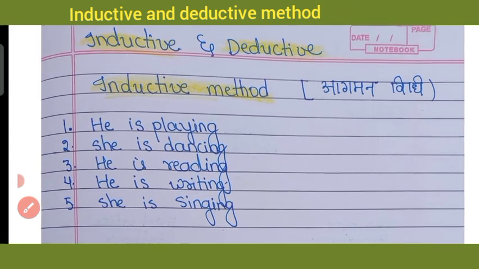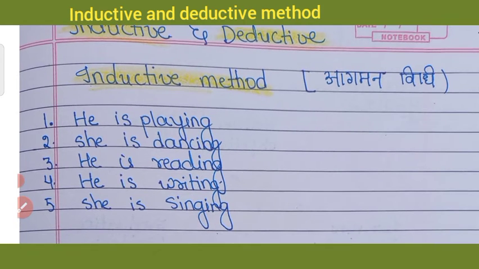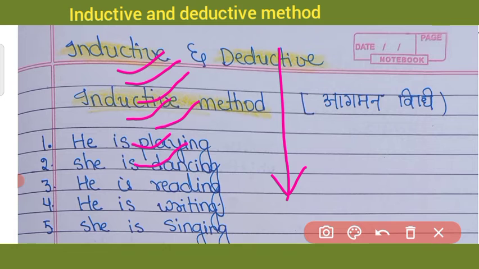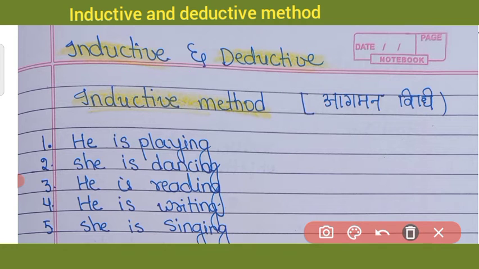Here we will see a few examples of inductive method: while we teach English grammar, how can we use it? For example, if the teacher is trying to teach present continuous tense to students, the teacher would normally give rules.